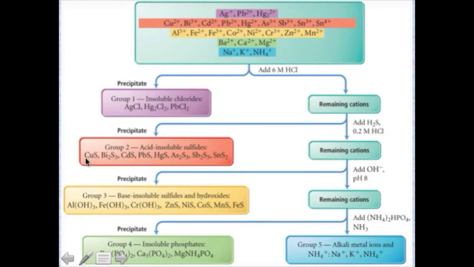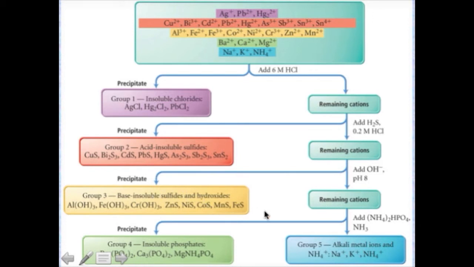So only the very, very, very, very insoluble sulfides in group 2 are going to precipitate out. Now you're going to add hydroxide ion to that mixture, and you're going to get a mixture containing hydroxides, aluminum, iron, and chromium hydroxides, and the remaining sulfides, zinc sulfide, nickel sulfide, cobalt sulfide, etc. And then you work on that to separate those out.